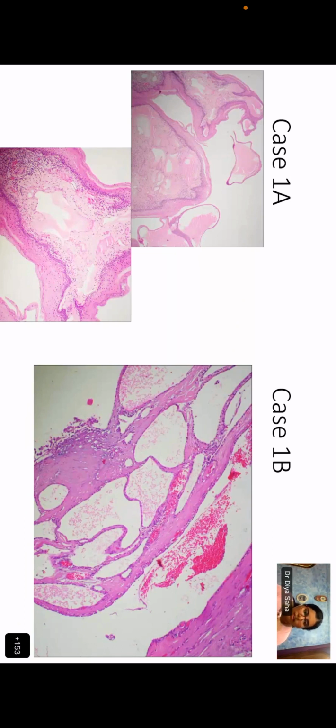All right. Before we go to 1B, can I ask all the other three, do you agree with what Dia said? Or is there something that you would like to either disagree or add? You can start with Vimi. Ma'am, subepithelium is showing some pale eosinophilic material with inflammatory cells more towards the epithelium.